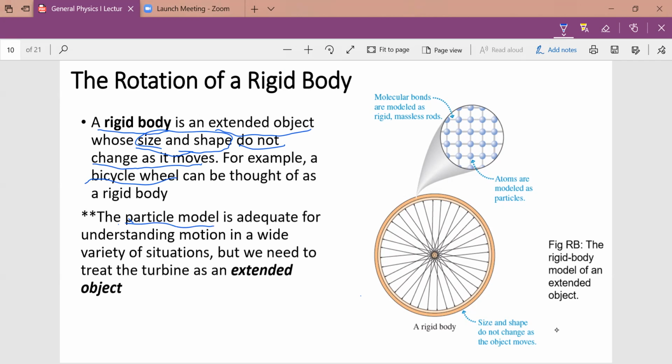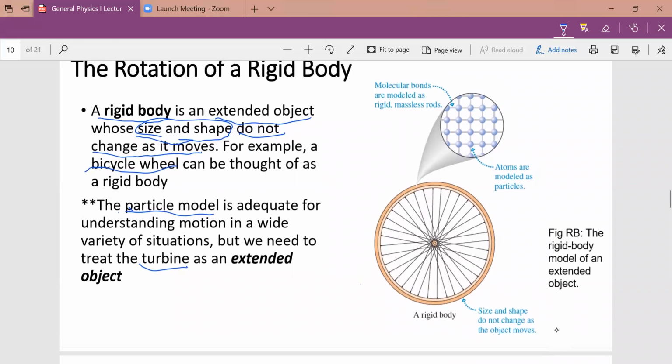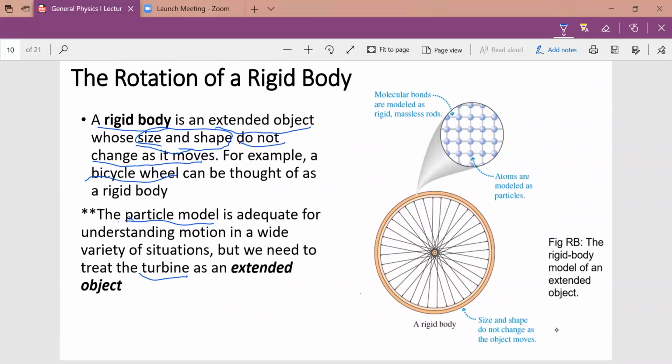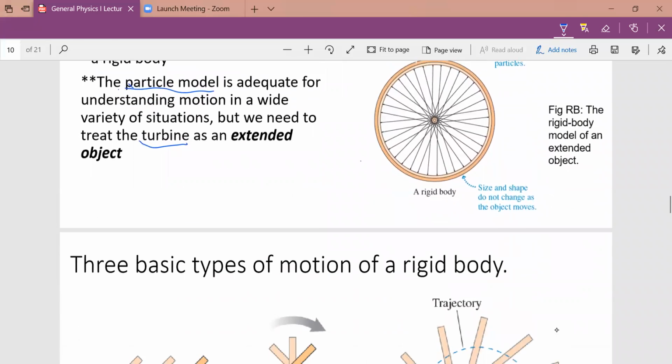A typical example of what I'm trying to say is the turbine that we saw in the first case. You see the blade or the particle at the tip moving at a different rate or speed from those particles closer to the center of the system. So we emphasize that we do not use the particle model to describe rotational motion. So how do we describe rotational motion?